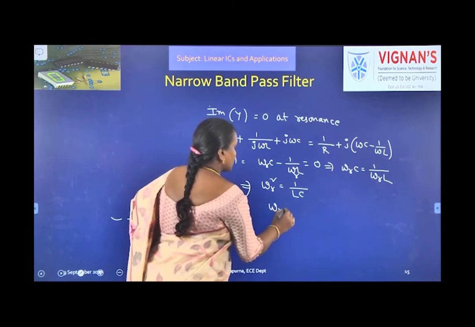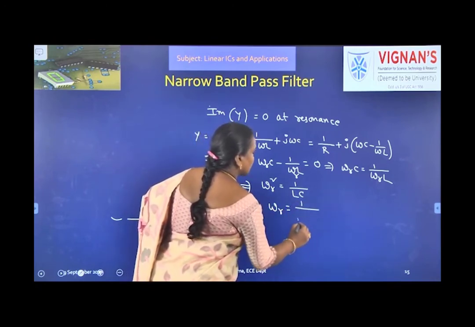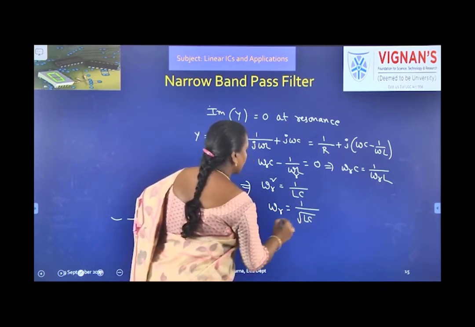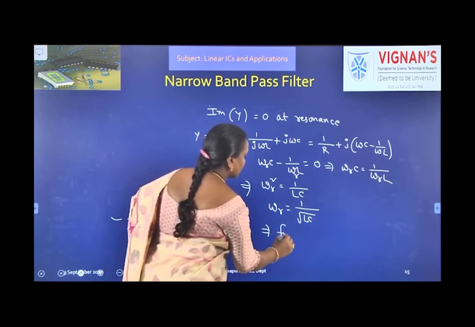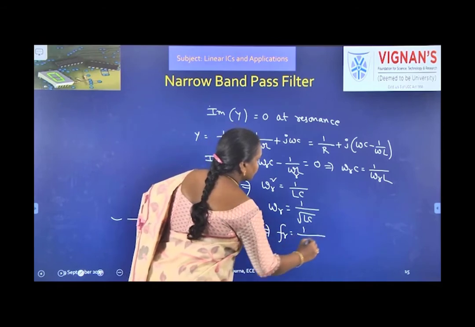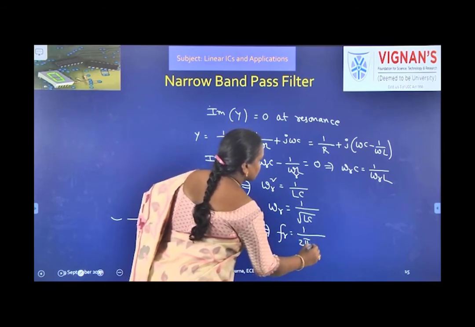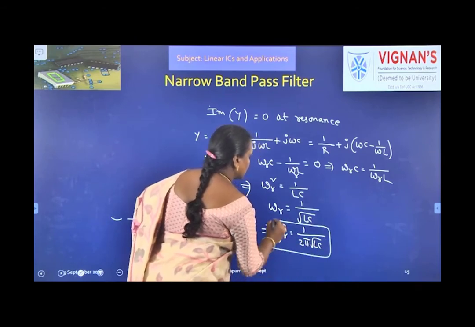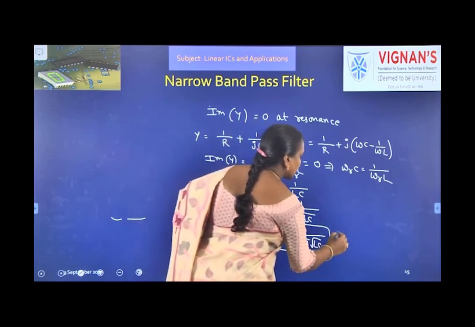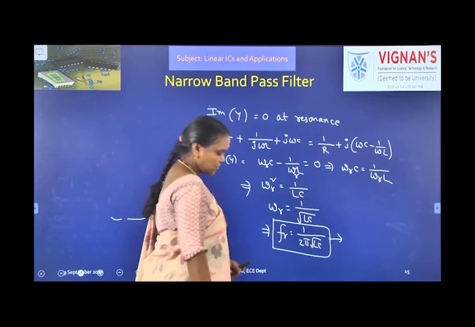So omega R equal to 1 by root LC. And what is omega R? It is 2 pi FR. So this implies FR equal to 1 by 2 pi root LC. Okay. And here what is L, what is C, you substitute.